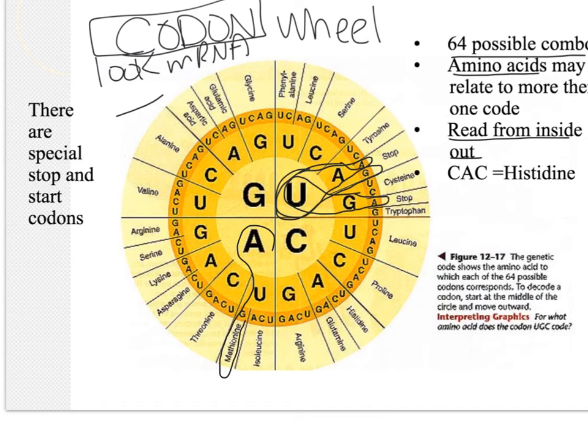It brings the amino acid methionine, but that is the special code that tells the DNA or the RNA to start making the protein. So if I were to say GGG, which amino acid would be brought? I'm going to start at the middle, G, G, G, and glycine would be brought.